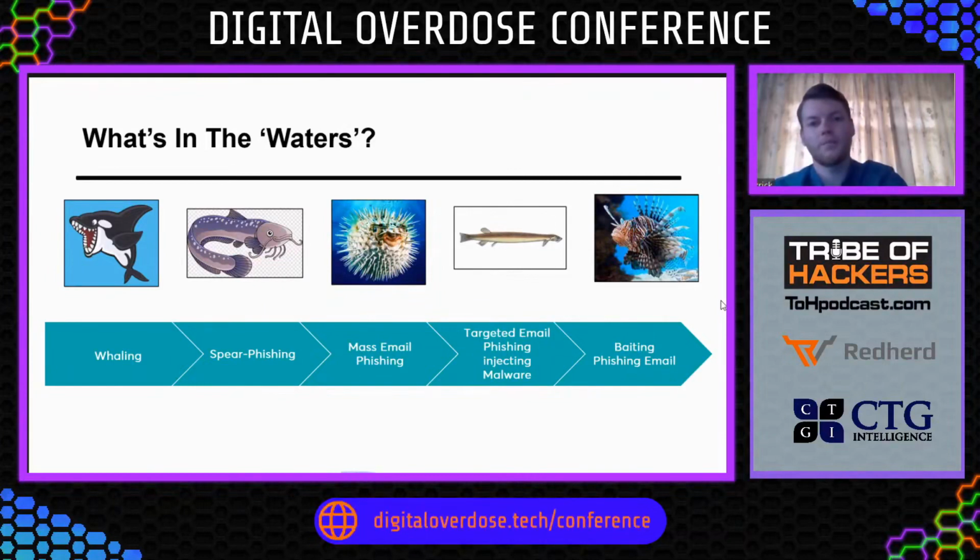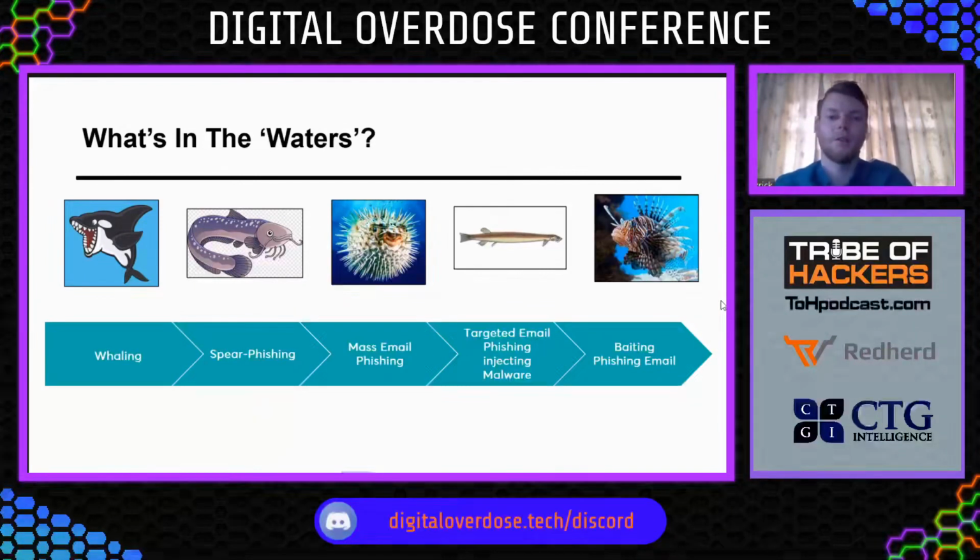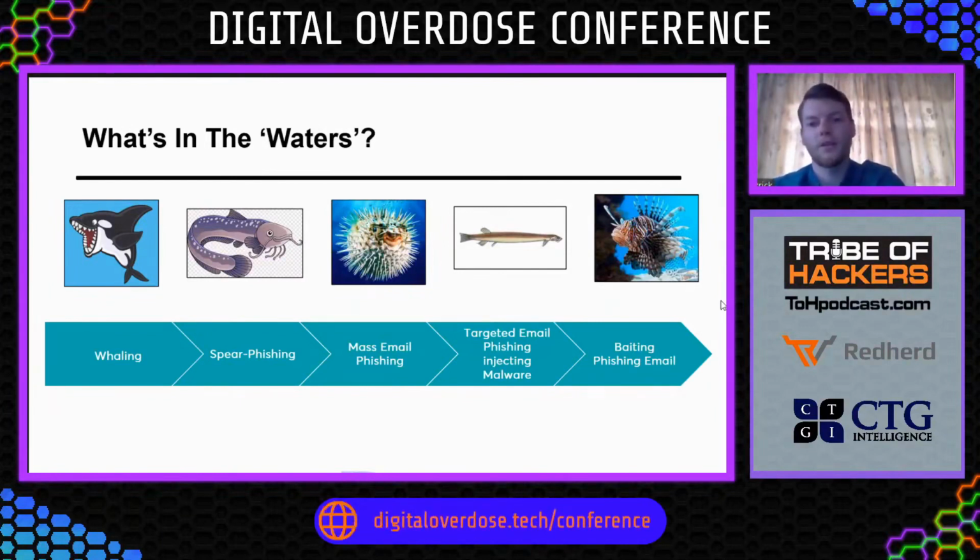I'm not going to touch these types of phishing attacks, such as smishing or vishing. I'm only focusing on phishing emails in this presentation. The fourth category is targeted email phishing injecting malware. It's a venomous fish associated with this. It's also called the vampire fish, and there is an Israeli cybersecurity company, very well known in the field, associated with this type of fish.